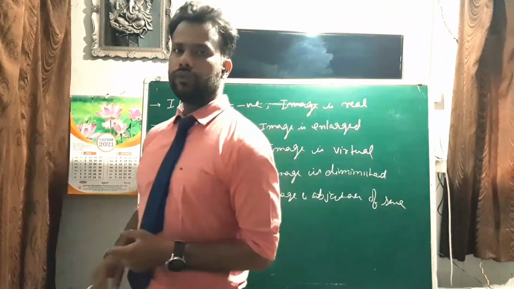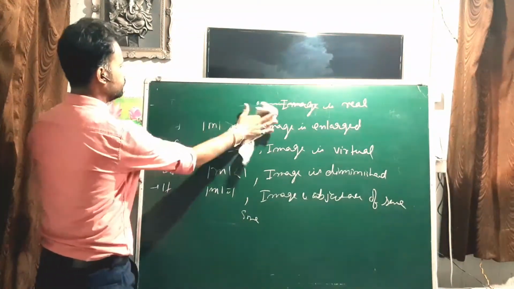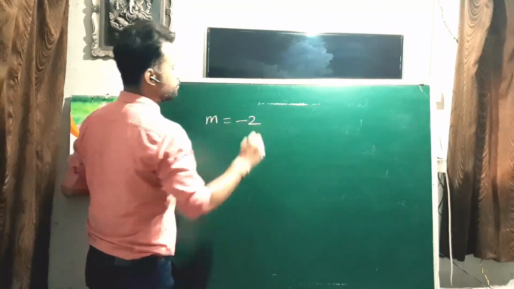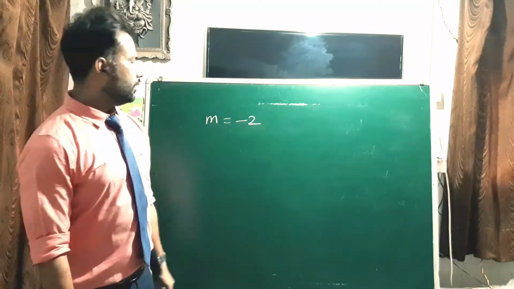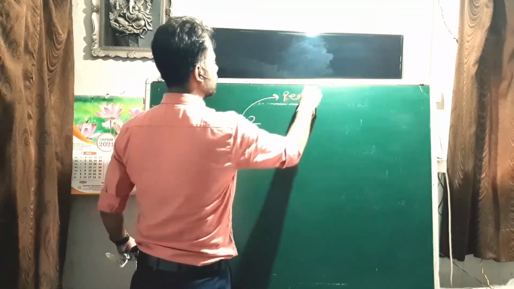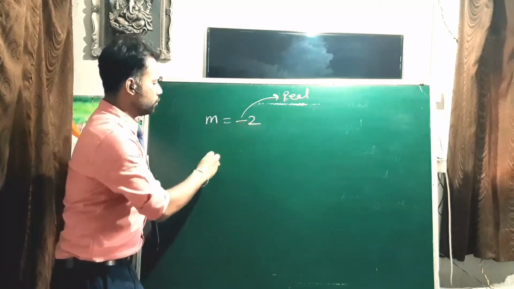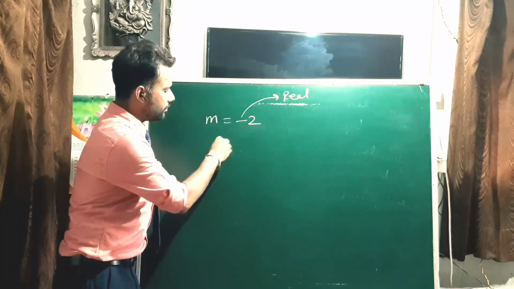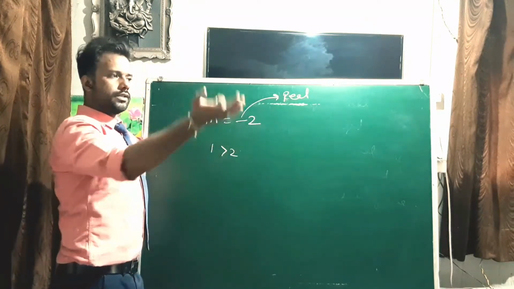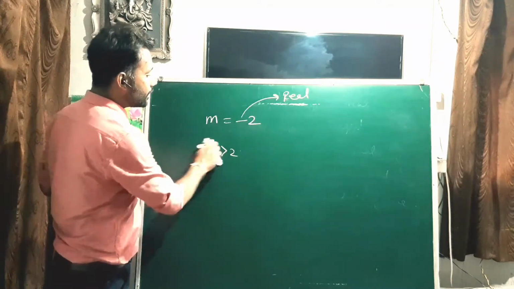Sometimes people get confused about the value of M, like suppose the value of M is -2. Now it is clear from the minus that the image is real. Now people think that -2 is less than 1 because -2 is below 0. But here we are not taking the sign.